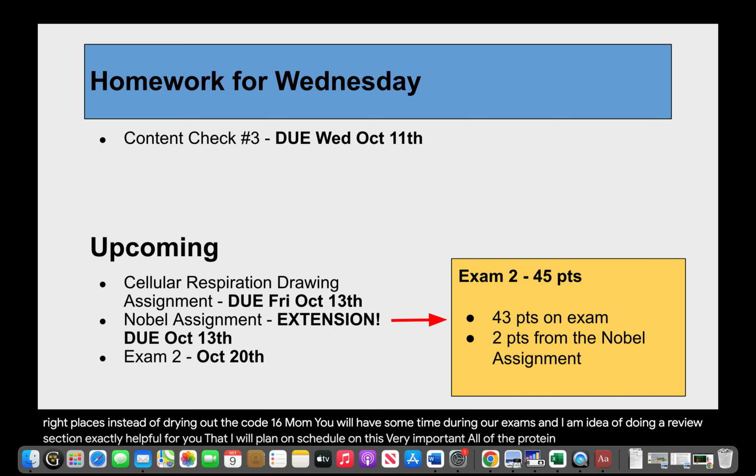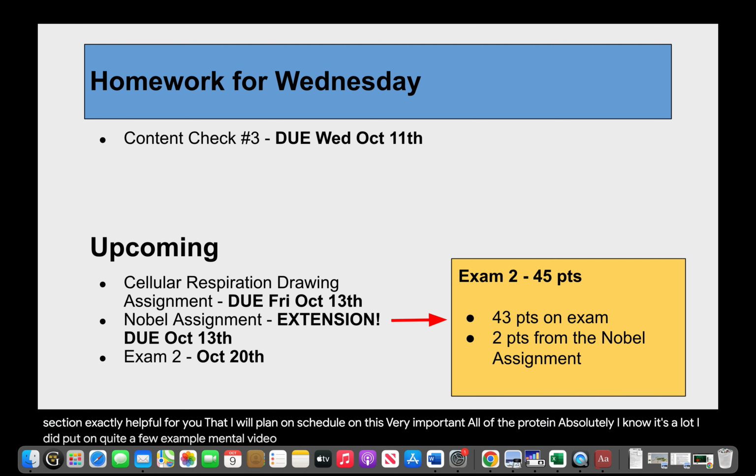As it pushes through, it takes the ATP. It's like the ion flows through, and that movement is what causes the phase to spin and create ATP from ADP. Everything you're saying is correct. I know, it's a lot. I did put on quite a few supplemental videos too, if you need the visuals.